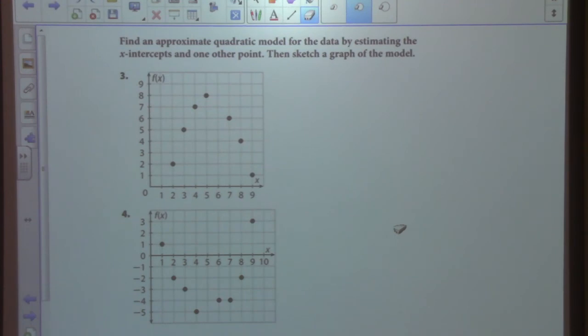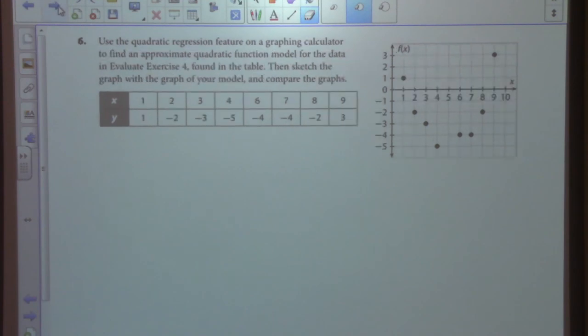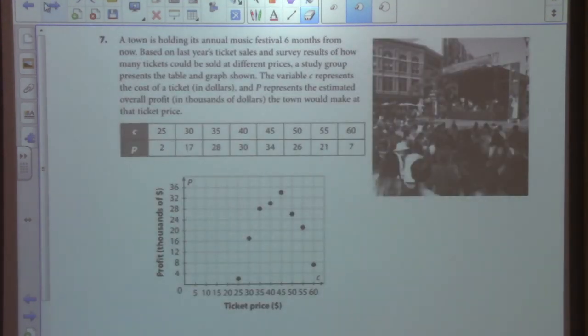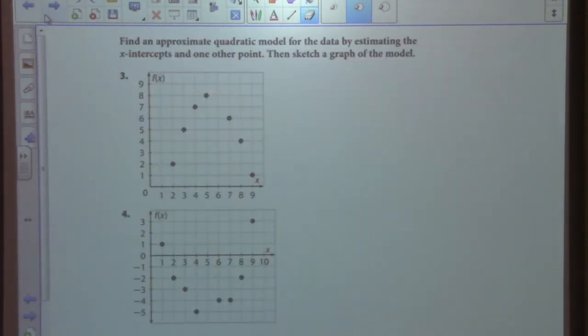So we should get to that maybe on Friday. What, number 6? Yeah, we should get to 6 and number 5, which is related to number 4. That's a good observation.